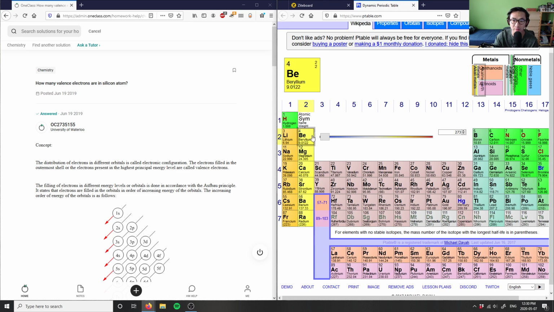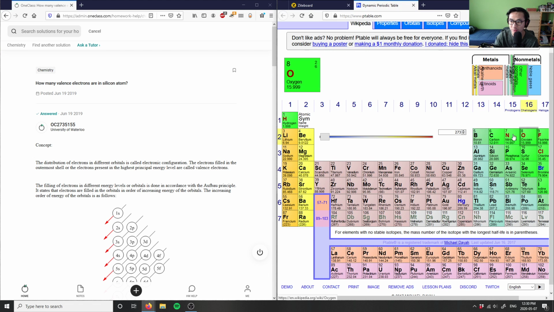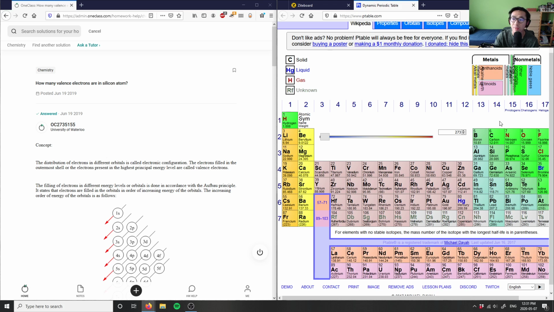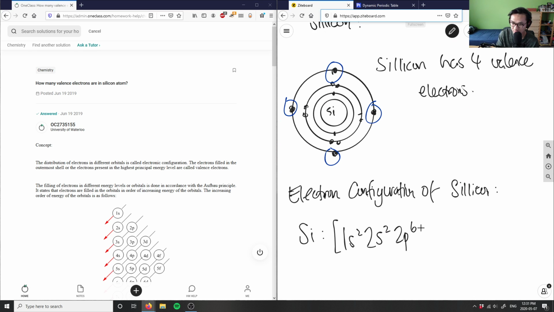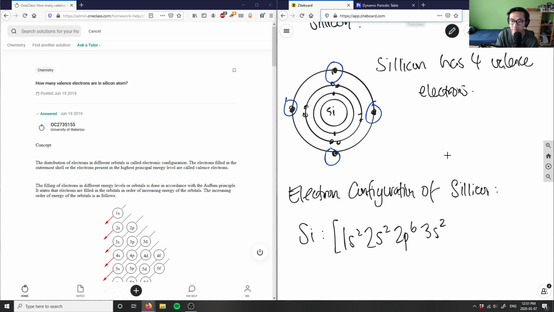In the second energy level, 2s2 is also filled, and 2p6 is also filled. 3s2 is also filled. And then finally, I have 3p, 1 and then 2, and I'm at silicon. So this is 3p2.